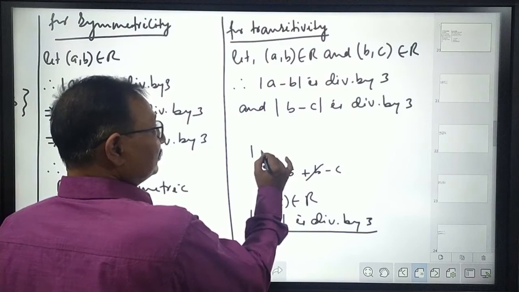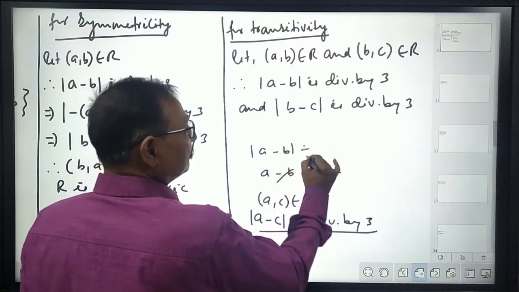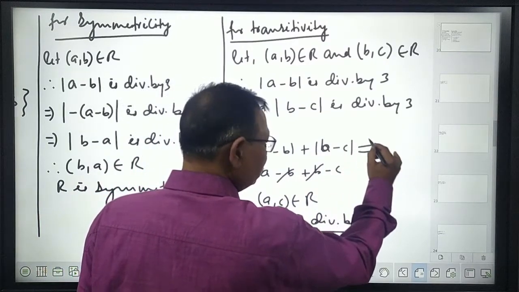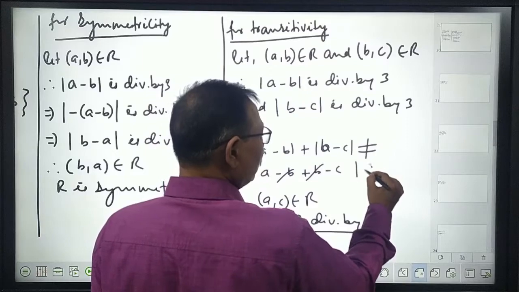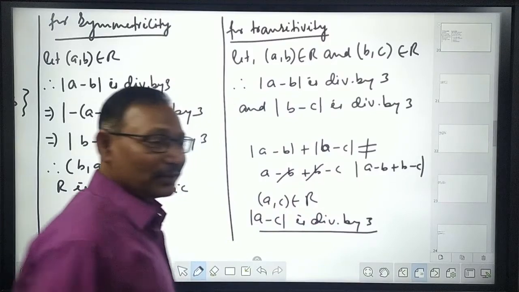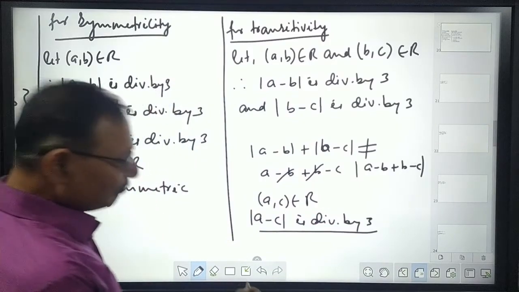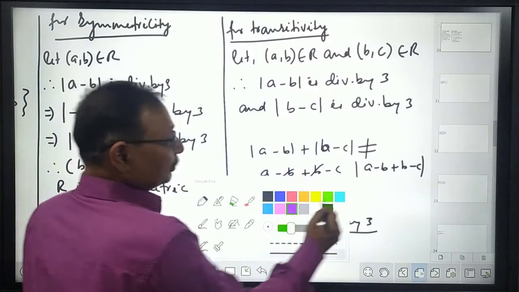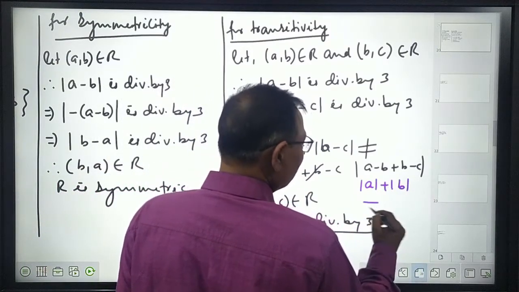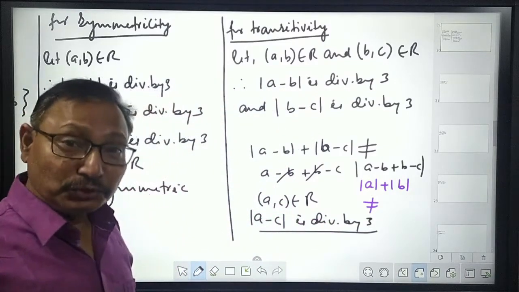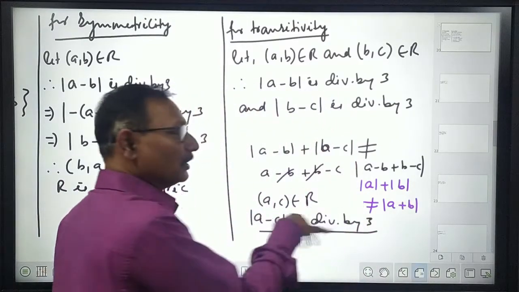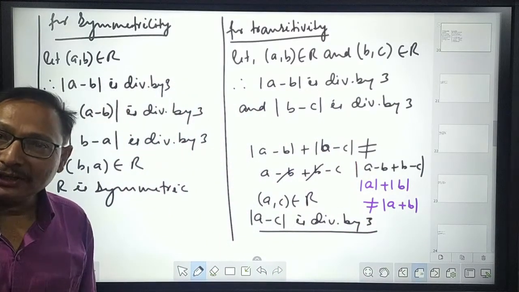If it is written a minus b plus b minus c, we cannot write modulus of a minus b plus b minus c, because modulus of a plus modulus of b is not usually equal to modulus of a plus b. So we should not write in this way.